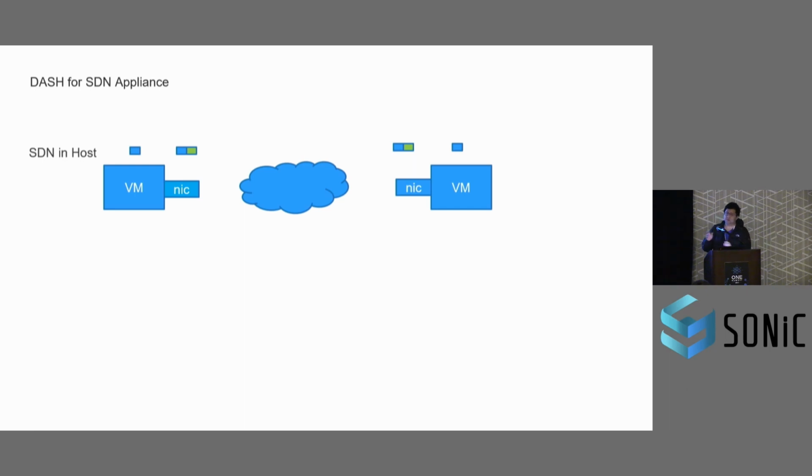The physical network just delivers the packet to the other VM's host. And there, the NIC on the other VM does the decapsulation, does the other magic, and then sends the packet to the VM. So all the intelligence here is on those NICs.